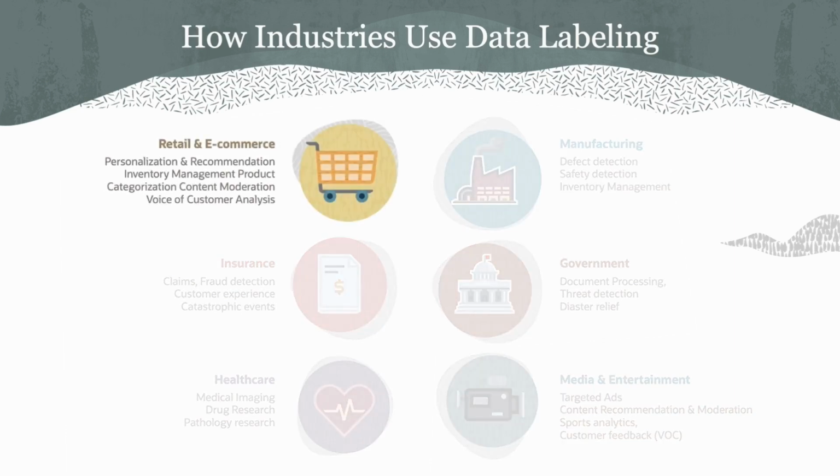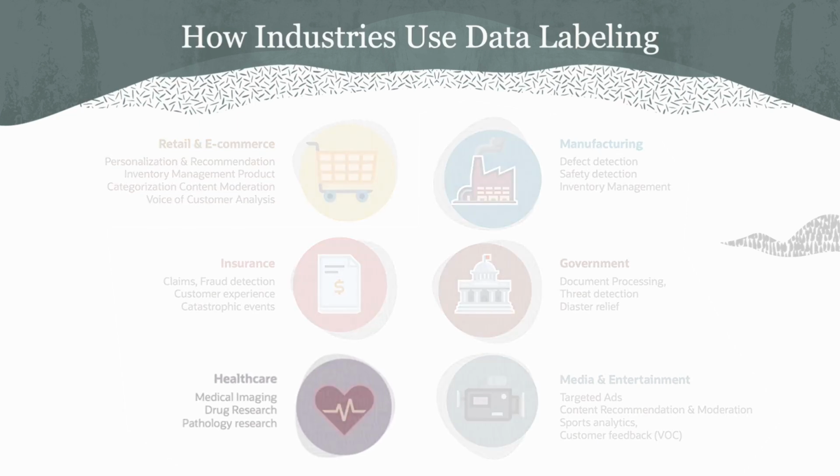In retail and e-commerce, online shops analyze customer behavior data in order to provide relevant recommendations for future purchases. In healthcare, hospitals analyze large sets of medical imaging in order to more accurately identify anomalies in future scans.